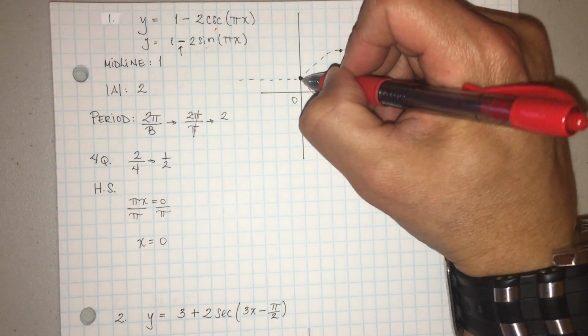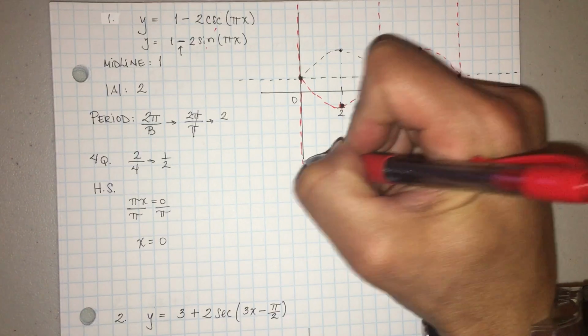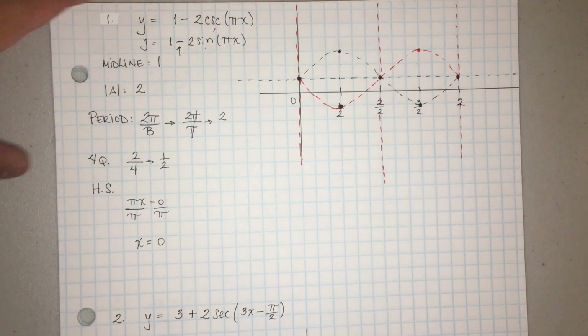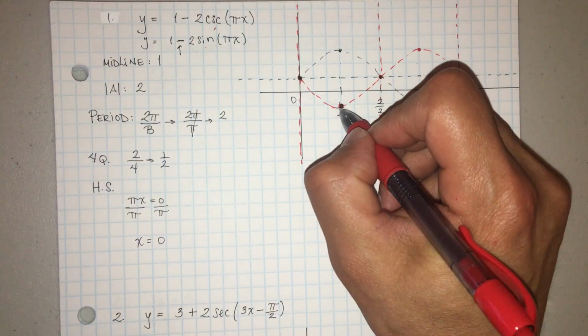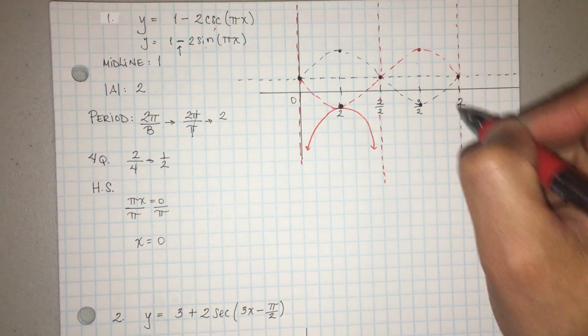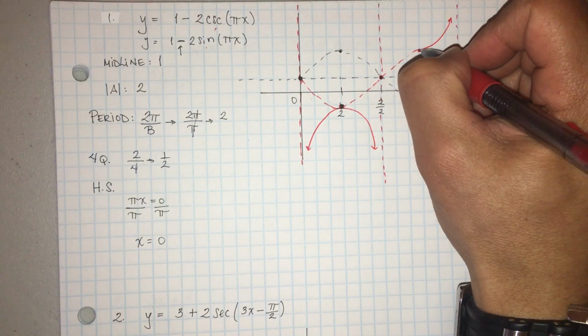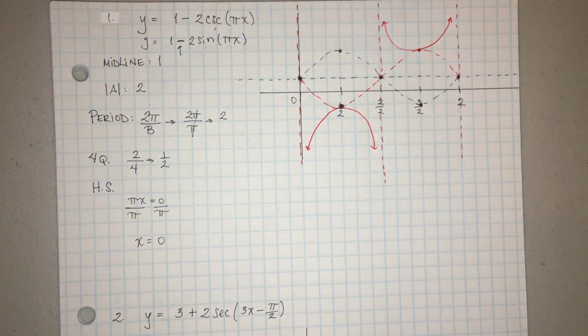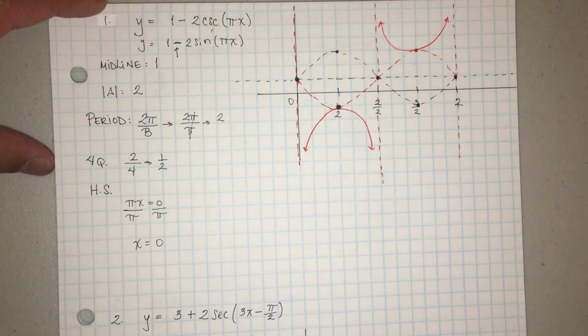Okay, and then right here again. And there it is. So now this guy, instead of being concave up, is going to be concave down. And this guy, instead of concave down, is going to be concave up. Alright, and there it is. These solid red lines are your cosecant.